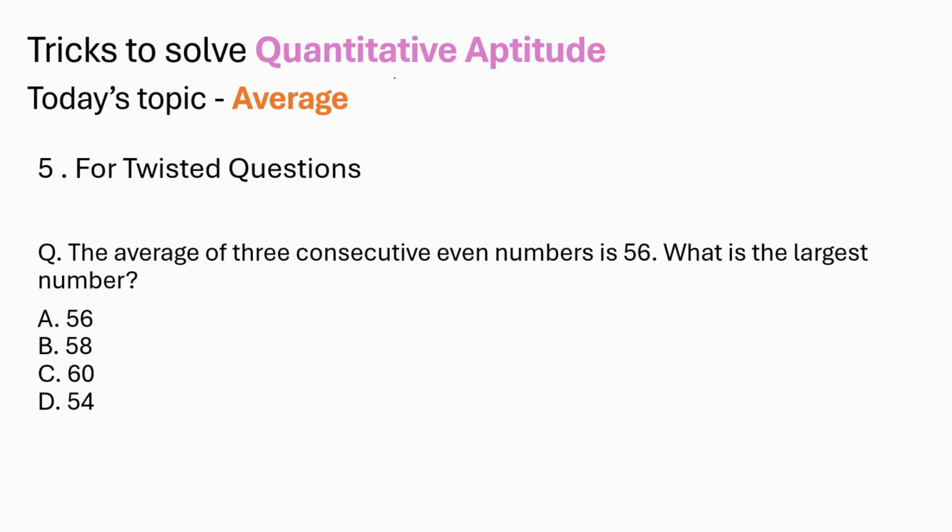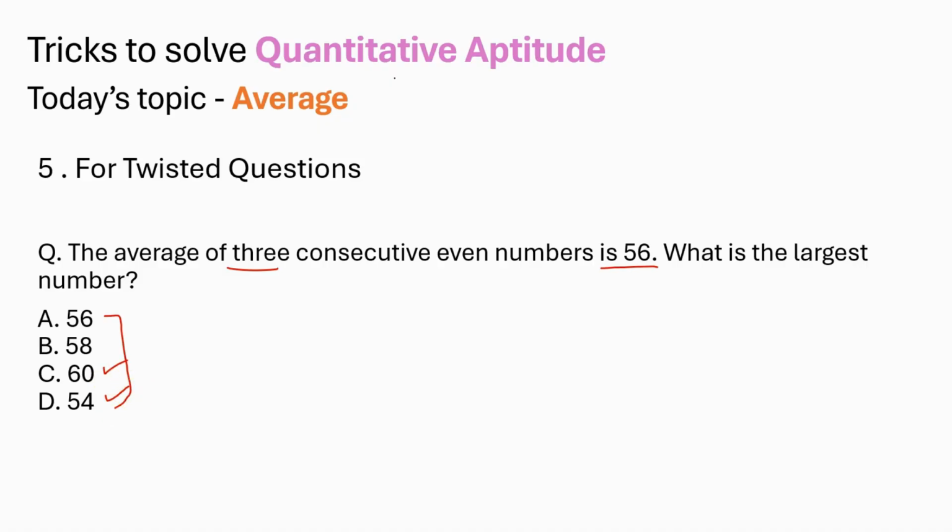One question: the average of three consecutive even numbers is 56. What is the largest number? Here we only need to work through the options, no need to think outside of them. So let's first create groups of three consecutive numbers. Here 54 is the lowest number and 60 is the highest.